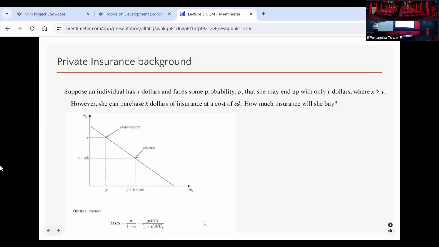So that's the premium. Imagine that the premium increases. How does the line look? Does the line look flatter or steeper? As the premium increases, this line is flatter, okay? So think about it.